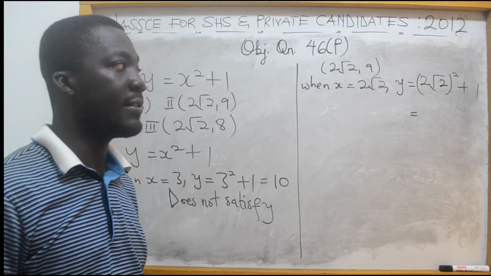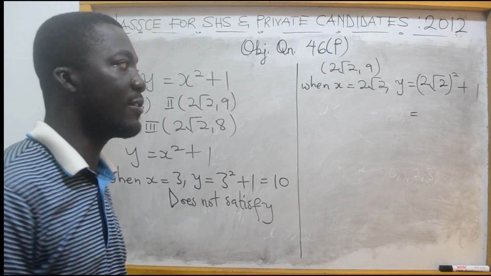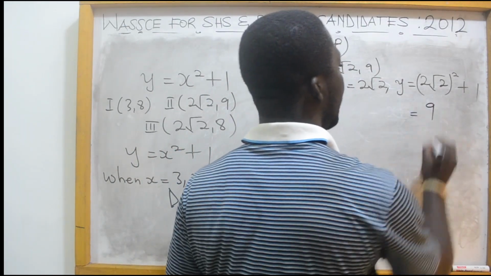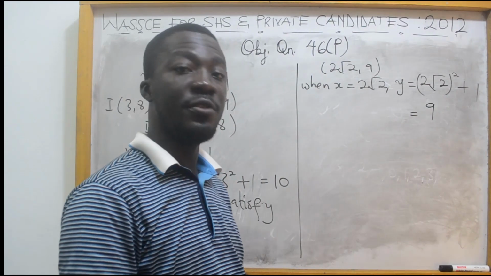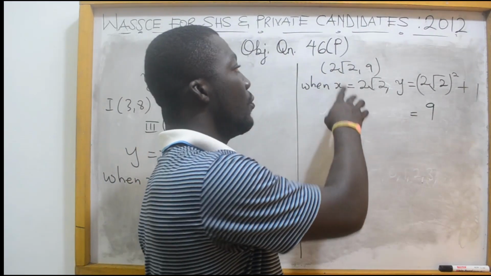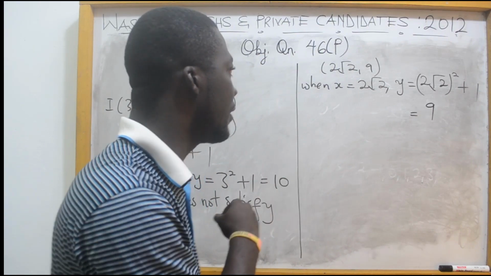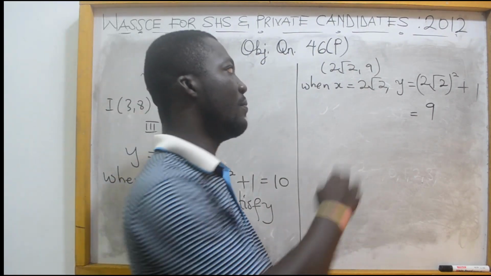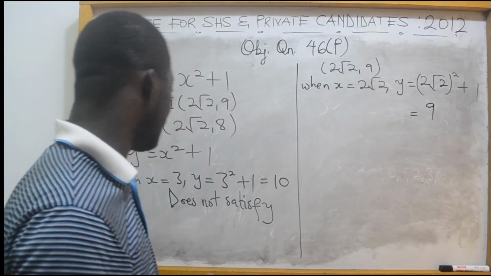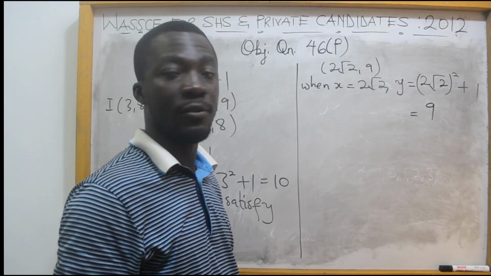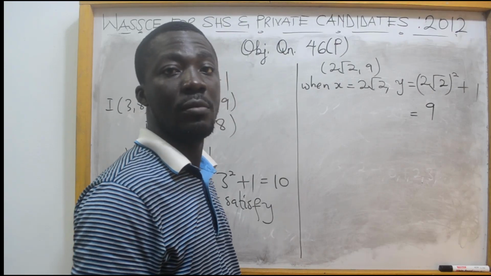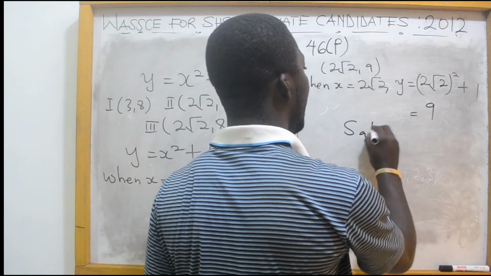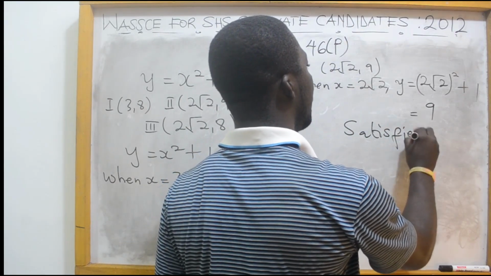So 4 times 2 is 8. 8 plus 1, we are going to get 9. So realize that when you substitute the value 2 root 2 into the equation y is equal to x squared plus 1, you get the y value to be 9. So it means this coordinate 2 root 2, 9 satisfies the equation.